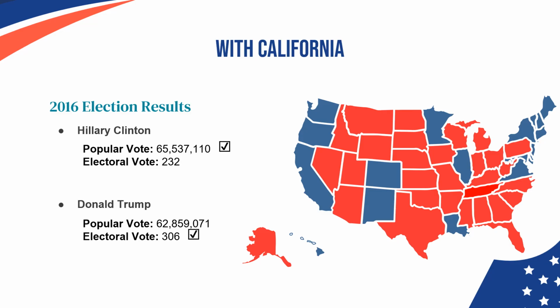Now, at first glance, this seems deeply unfair, and maybe it is. It's certainly not democratic. But one thing you might notice if you look very carefully at this map is that outside of the coasts, Hillary Clinton got very little support, whereas Donald Trump was able to secure the presidency because he built a broad cross-regional coalition, combining voters from small states in common cause with voters from large states.